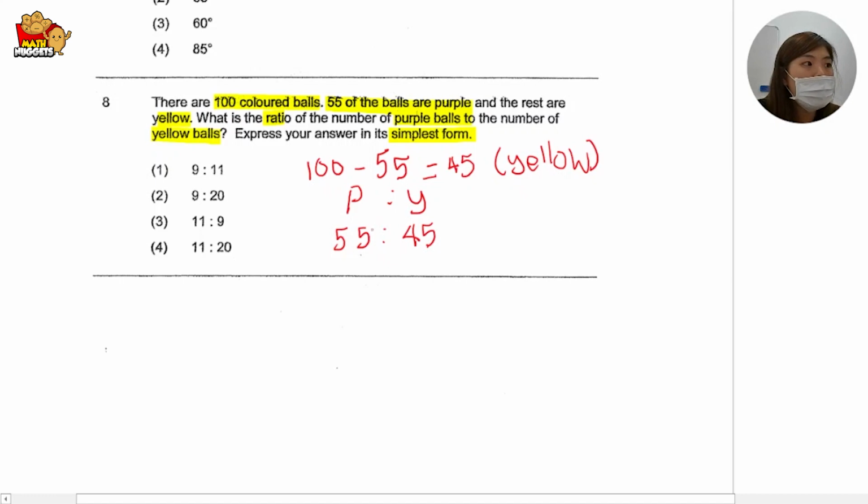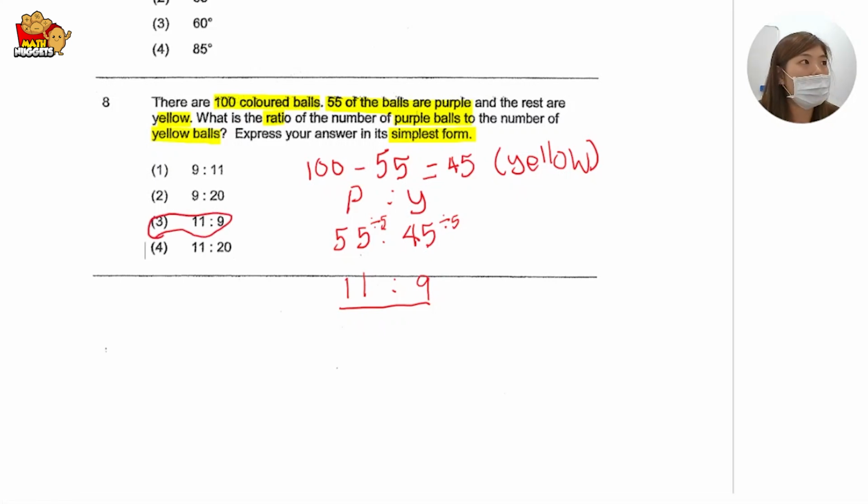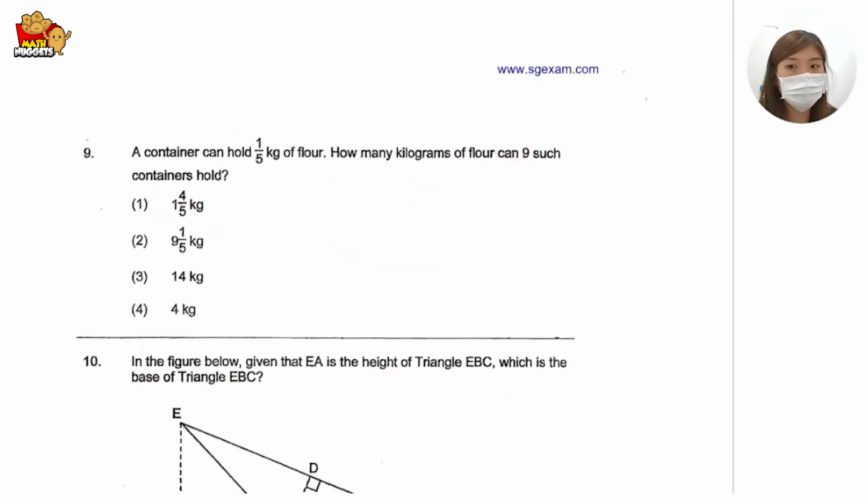So you divide by 5, then you divide by 5, and you get 11 to 9. And this is your answer, which is option number 3. Okay, let's move on to the next question.